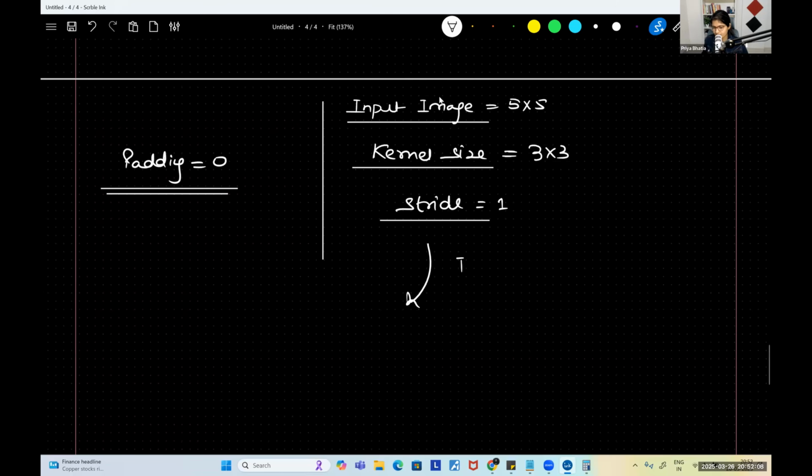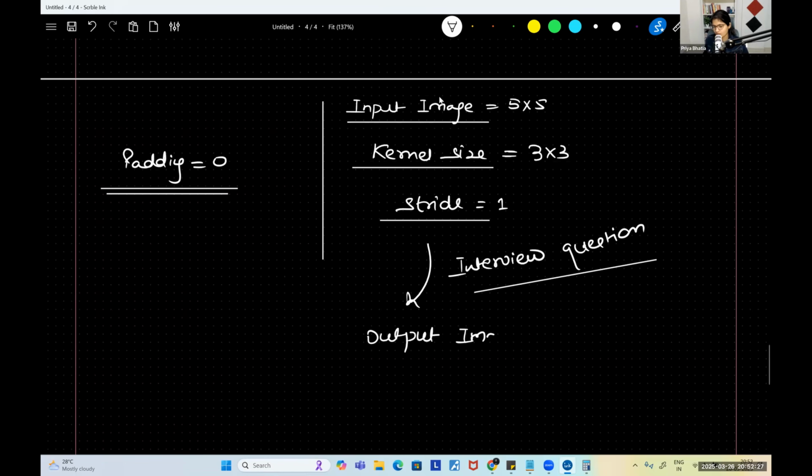This is a very widely asked interview question on the topic of CNN: given an input image, kernel size, and the stride value, what are the dimensions of the output image?